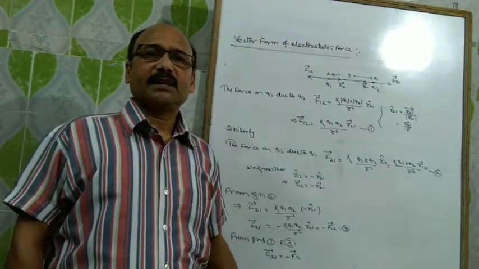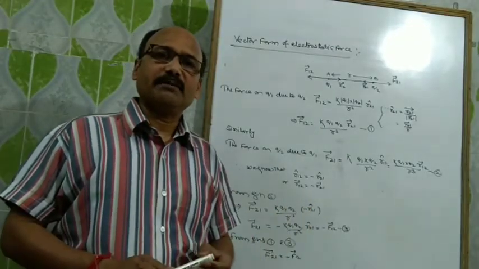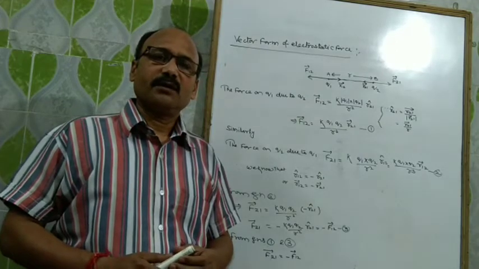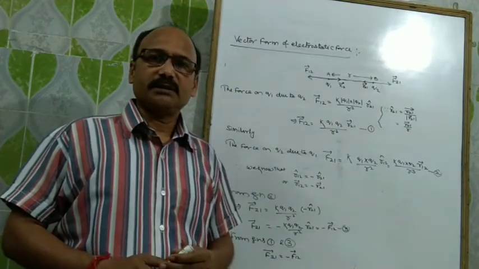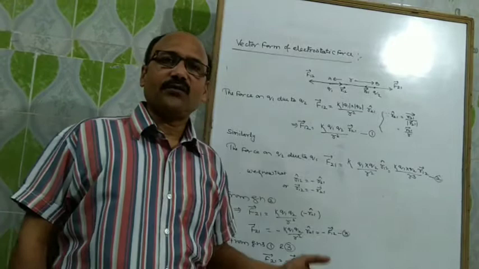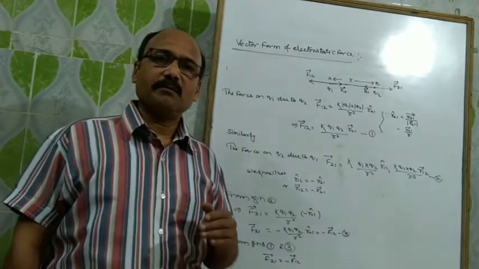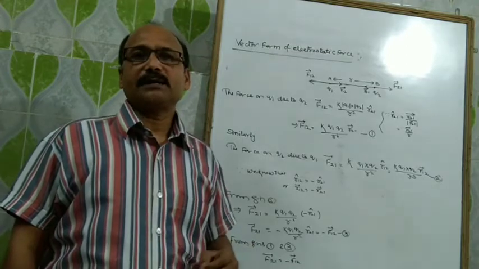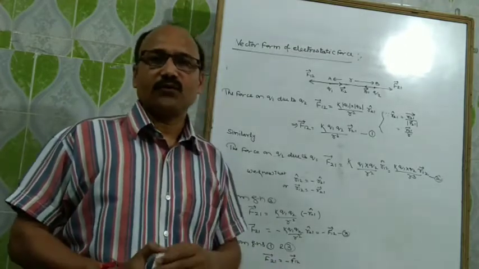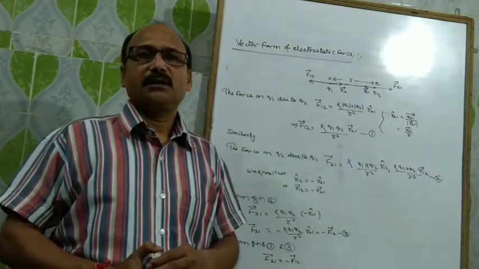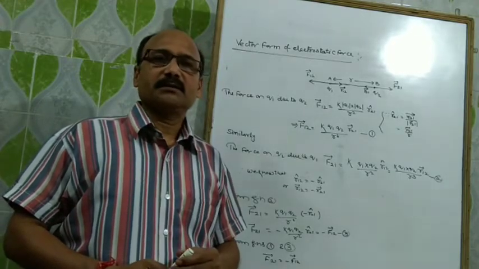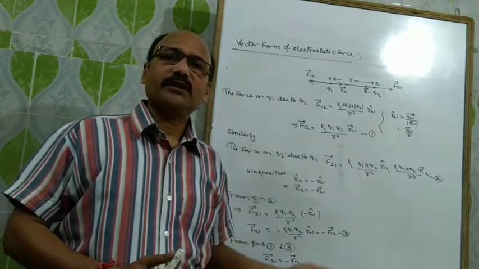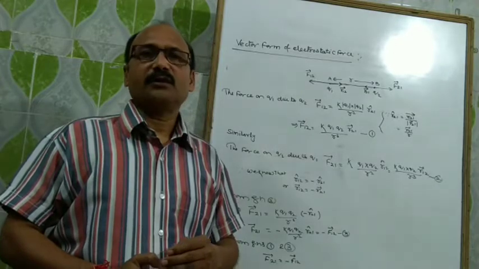Study the definition of permittivity. You can write this definition. The ability of a medium or material to permit the passage of electric lines of force through it is known as permittivity of that medium or material.